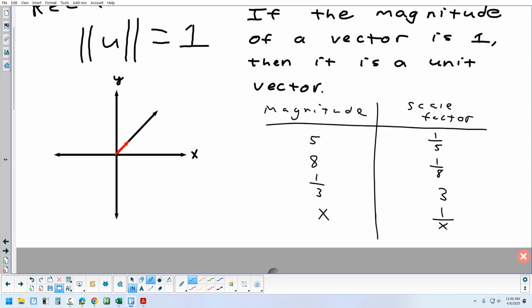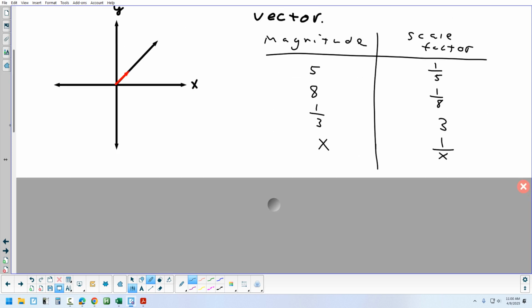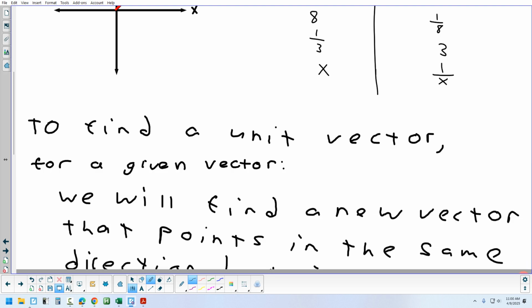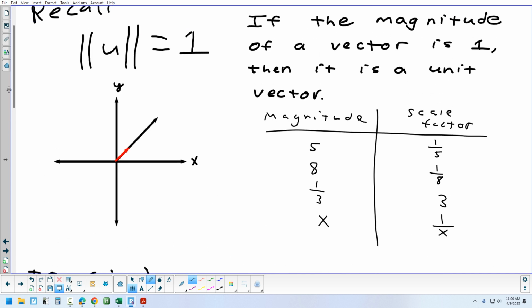Okay, that's the pattern. So let's write that down. So to find a unit vector, if I give you a vector, you're going to be finding a new vector that points in the same direction as the original, but it's going to be scaled to 1 unit long.